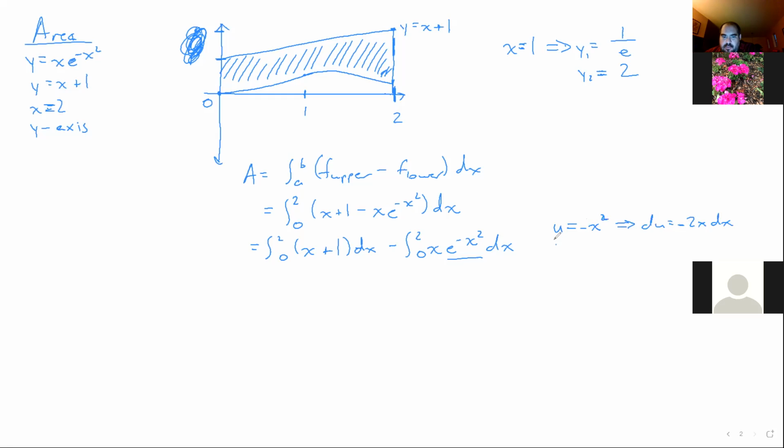So u equals negative 2 squared, which is negative 4, and u equals negative 0 squared, which is 0. Now I'm integrating from 0 to negative 4. So now I can start transforming this integral. The integral from 0 to negative 4 of what? Tell me how to handle this from here.